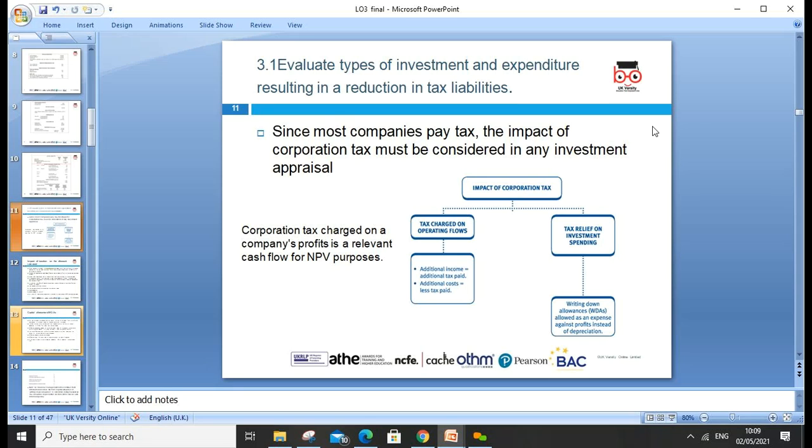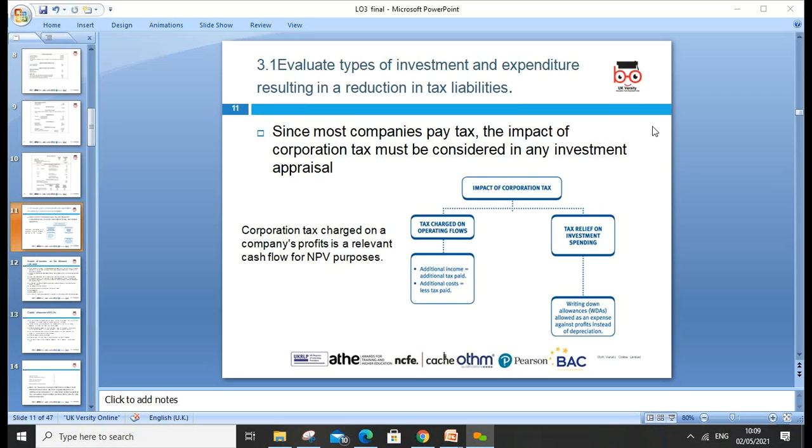Net present value means the cash we will get, valued at today's date. So tax is charged on the operational flow: additional income, additional tax paid, and additional cost, less tax paid.